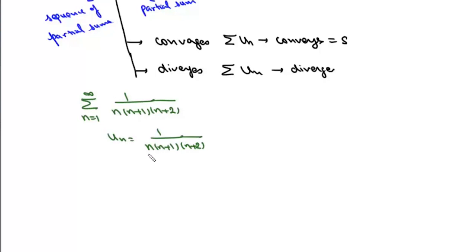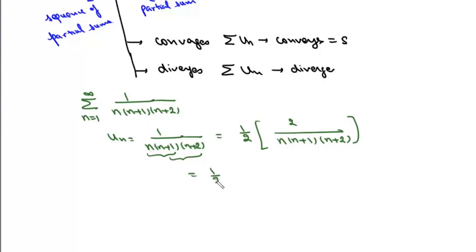Now what we'll do is we'll split this in two parts, taking these two together and these two together, and the difference between n and n plus 2 is 2. So we'll write this as 1 by 2 and then 2 upon (n+1)(n+2), and we can write this as 1 by 2, and it will be (n+2) minus n upon (n+1)(n+2).